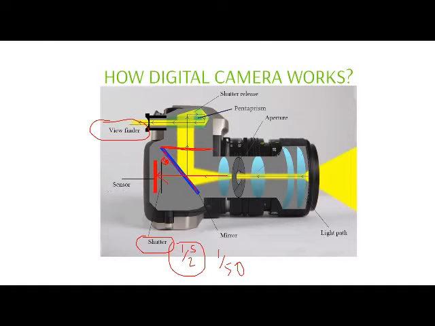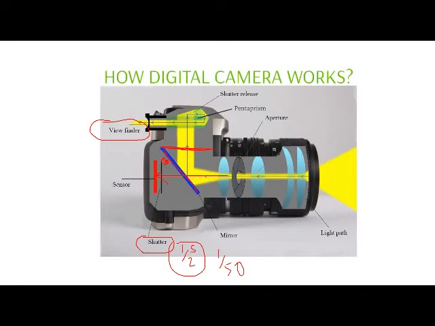Now let's talk about sensor sensitivity, ISO sensitivity, which we know by this name. ISO sensitivity is the sensitivity of the sensor. What does that mean? When the light hits the sensor, it stimulates the particles in the sensor, or what we call pixels.